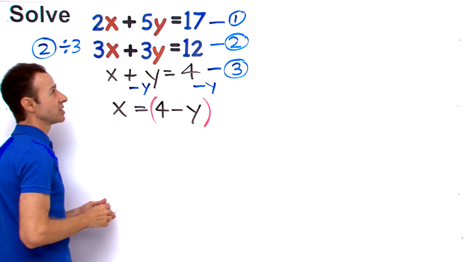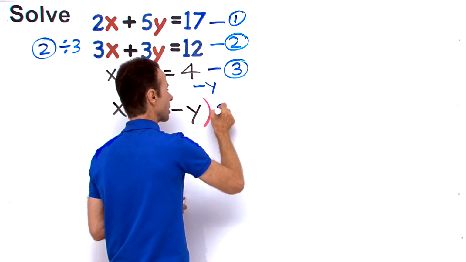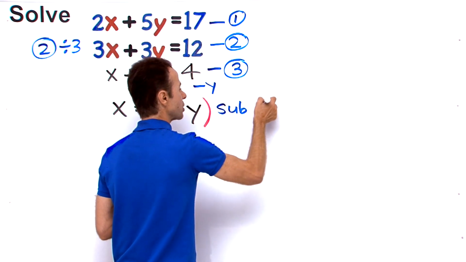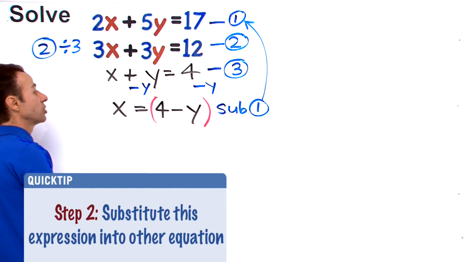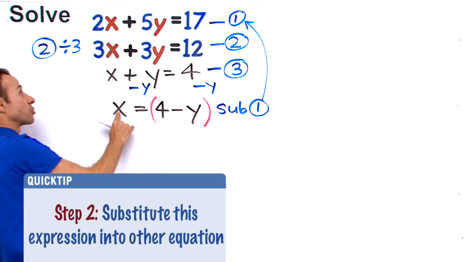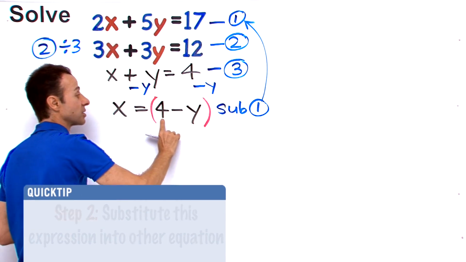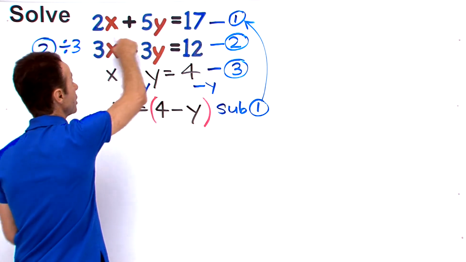Now all we have to do is take that and substitute into equation number 1. Let me write that down. We're going to substitute it into equation number 1. That x is going to replace the 2x here. That x is replaced by 4 minus y. So let's copy equation number 1 now.